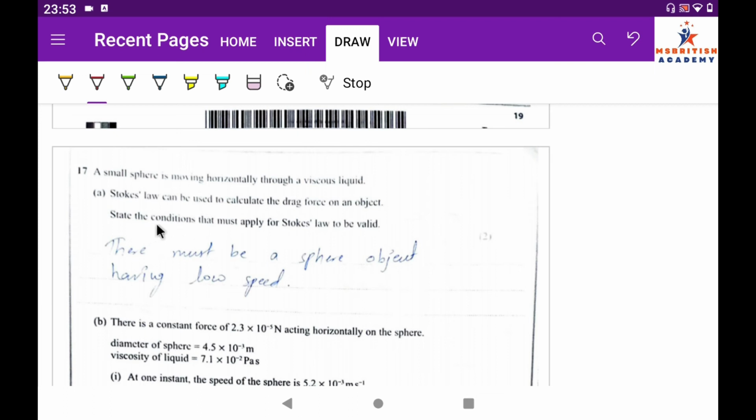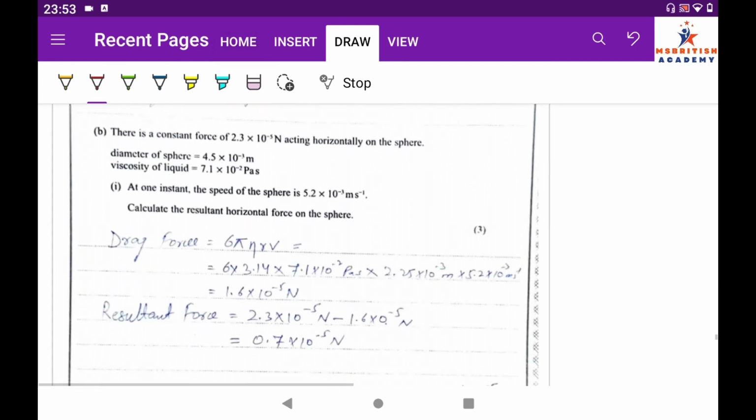What is asked in this question is the conditions that apply for Stokes law. There must be a sphere object having low speed. First, there must be a sphere object, and it should have low speed.